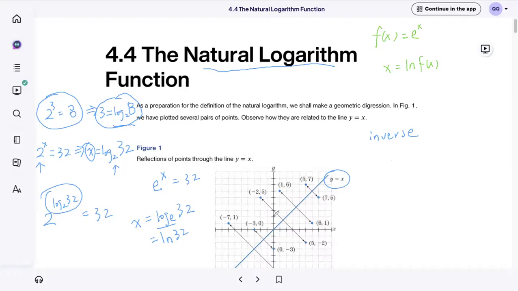If I graph 2 raised to x, the exponential form, something like this, then the logarithmic graph is symmetric about the line y equals x and goes like that. So for inverse functions, the graphs are symmetric about the line y equals x.